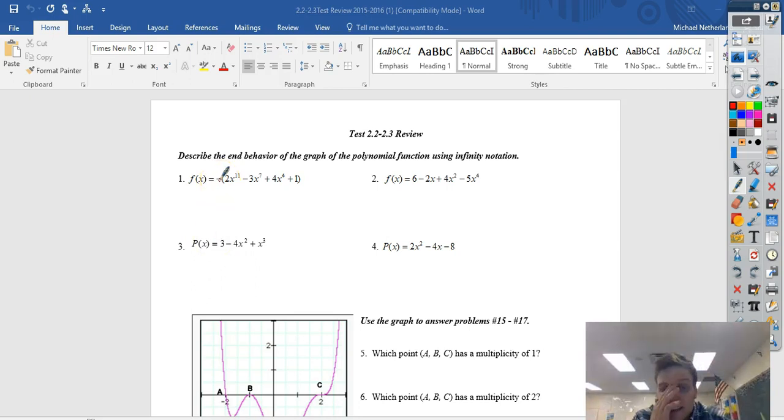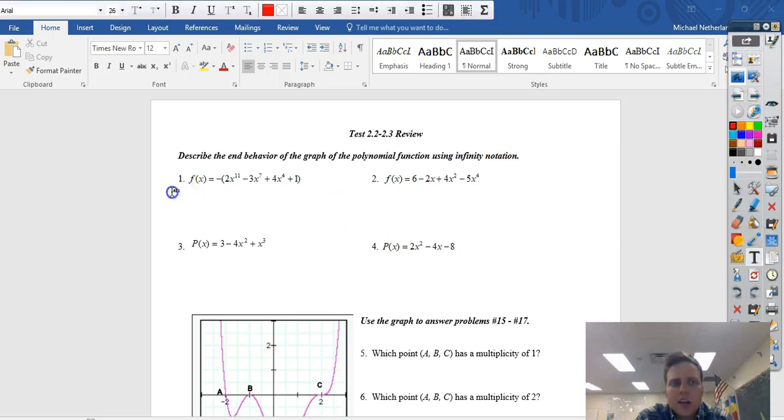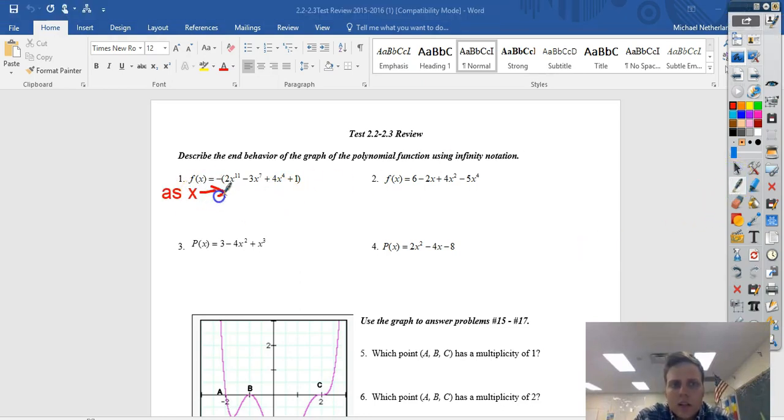So problem number 1 says describe the end behavior of the graph of the polynomial function using infinity notation. Infinity notation is just always: as x approaches negative infinity, what is y doing? In other words, what is f of x approaching?